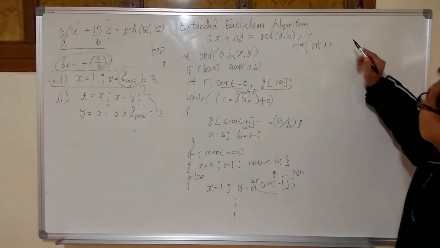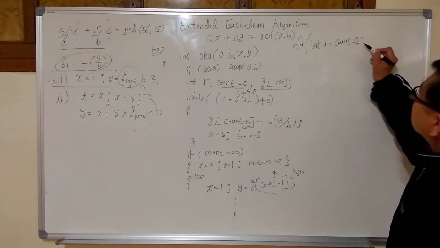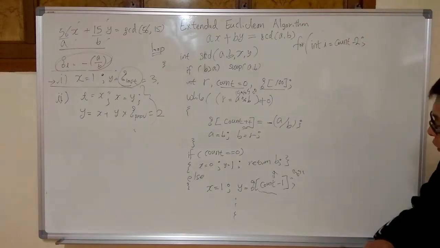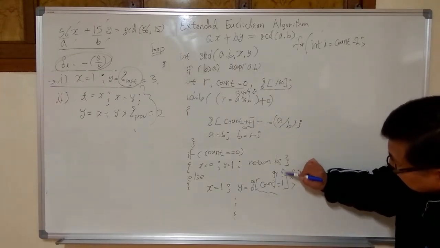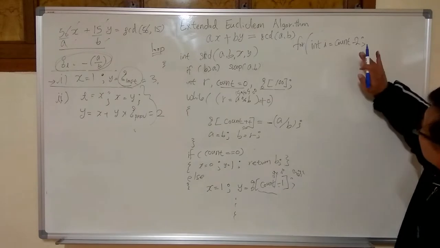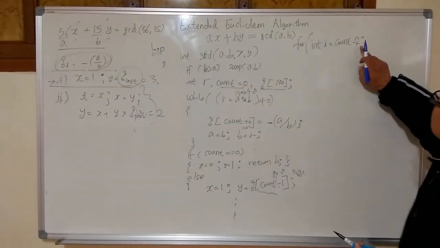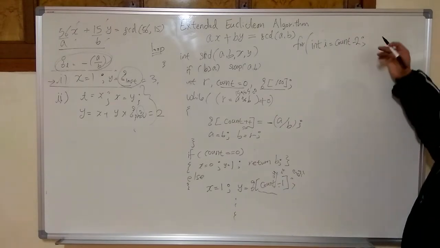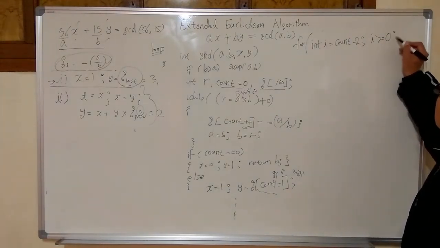So we have to start with count minus 2. Minus 2 is important because count will be 4, minus 1 will be 3. This will be Q3, and this will be Q2. So it was minus 1. Then i should be greater than or equal to 0.